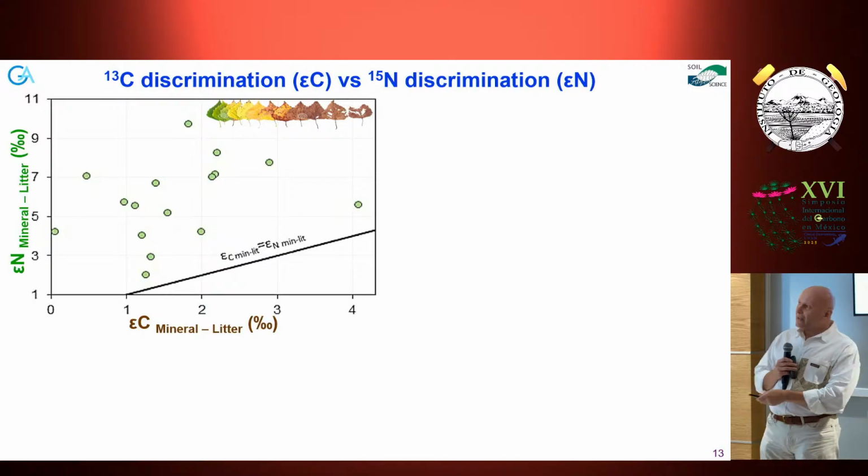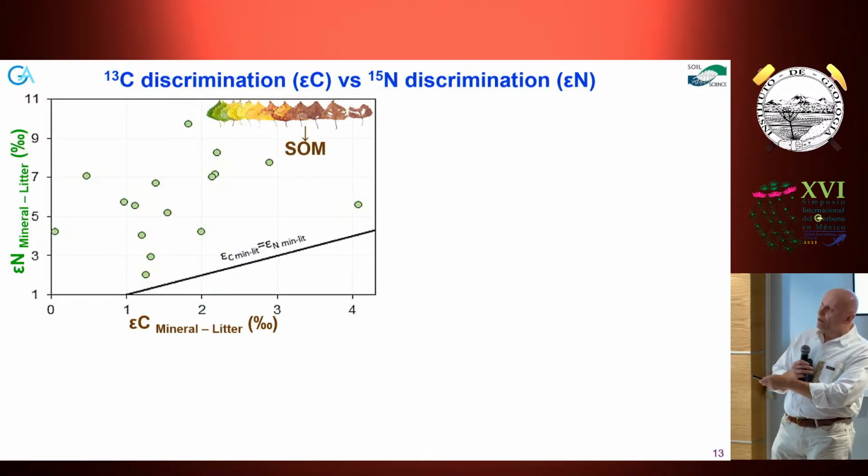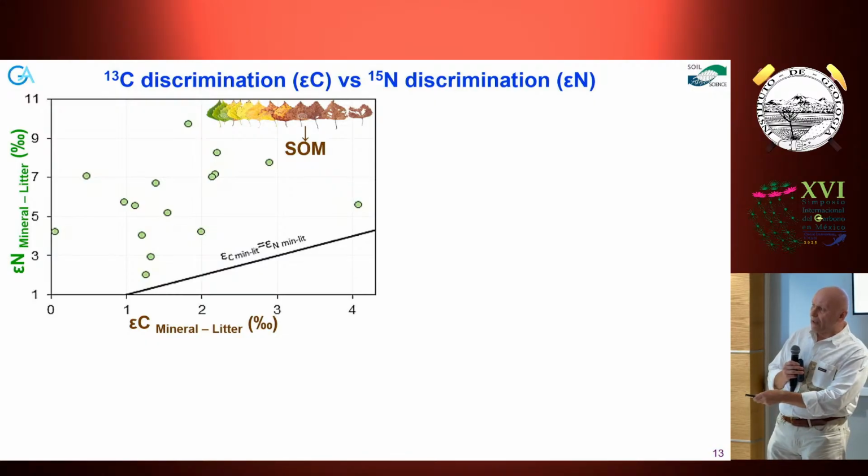In the first slide, I would like just to present how from litter soil organic matter is formed. You see here the isotopic composition of carbon, the difference between soil organic matter in mineral soil and isotopic composition of litter. Here, the same for nitrogen. This is the one-to-one line.